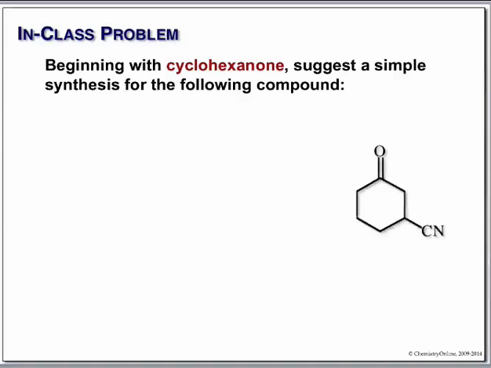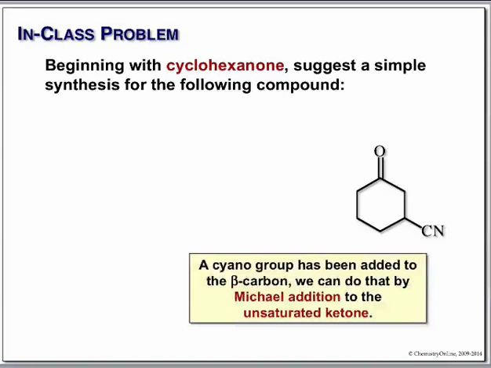That means that we used to have a double bond here. So we're going to have to convert cyclohexanone into the alpha-beta unsaturated ketone. Then we're going to do a Michael addition to add the nitrile.